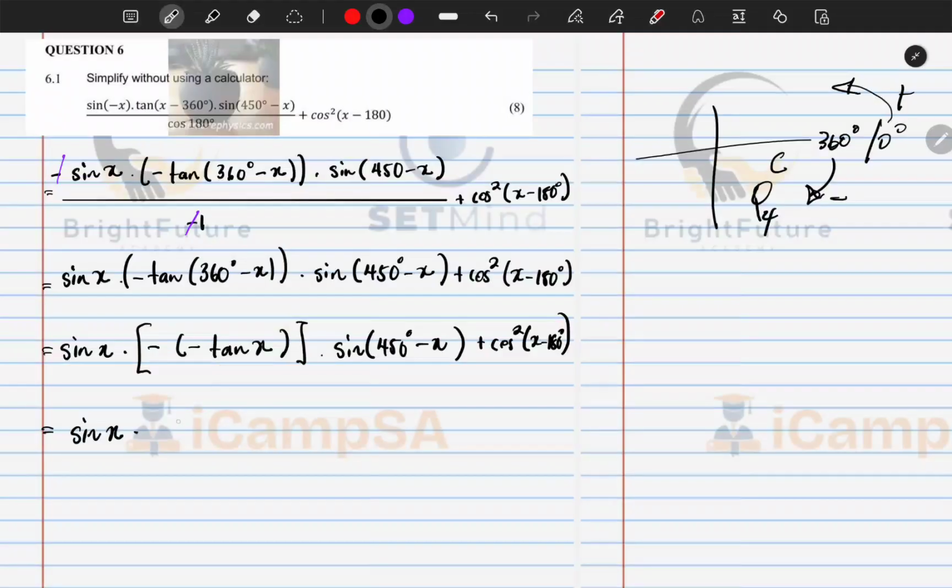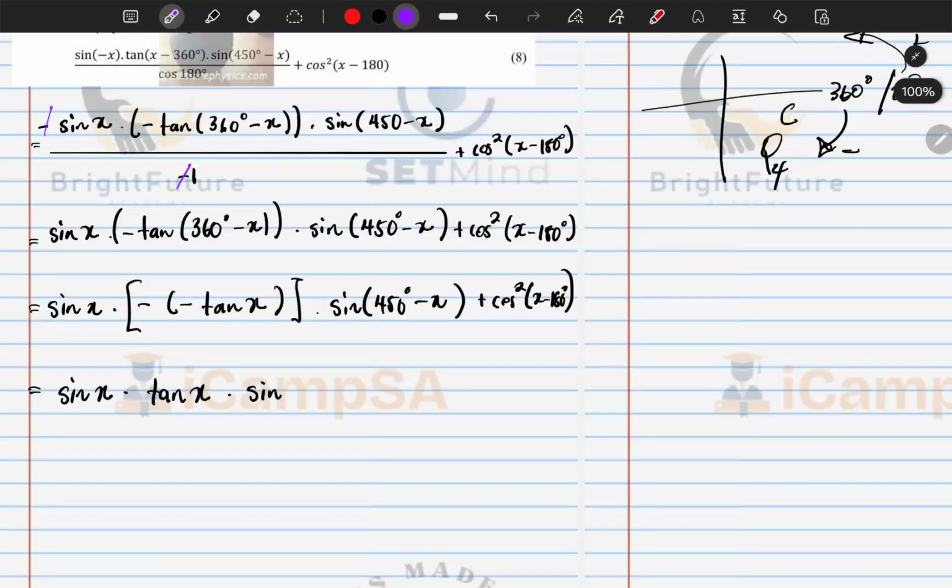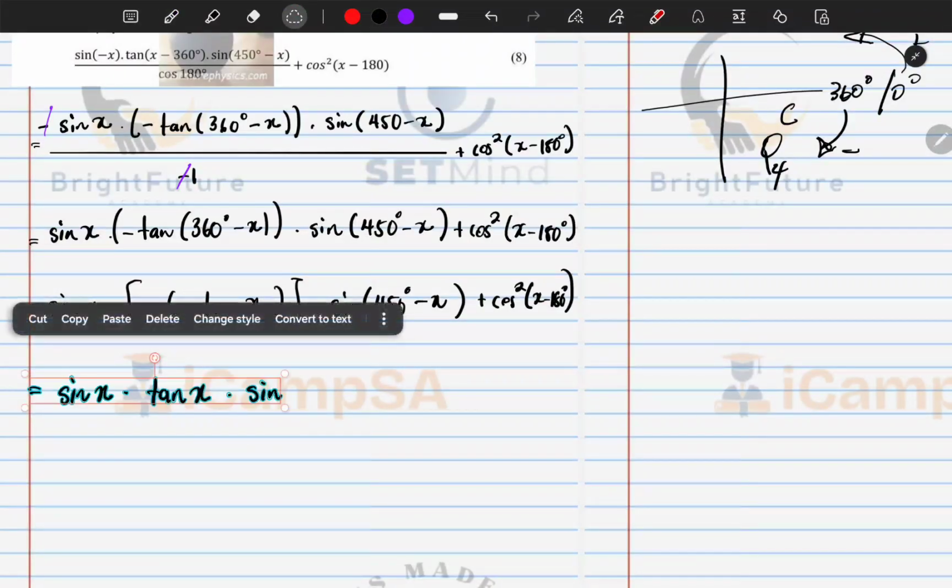So it's going to be negative times negative. It's just going to be tan of x. Then sine of 450, so I can write sine of 450 as times sine 450. So if I come here, I can write 450 degrees.